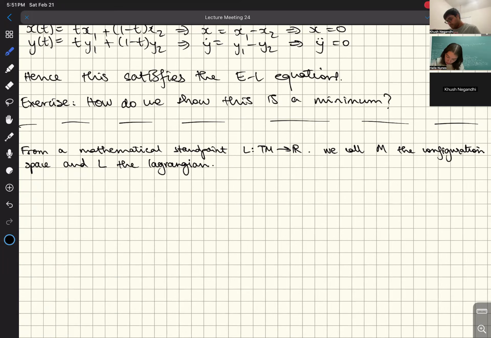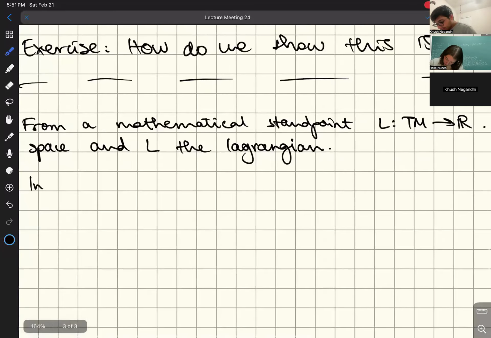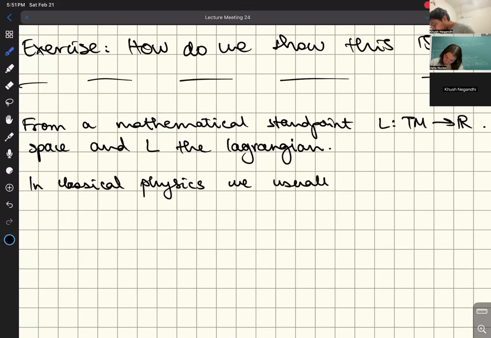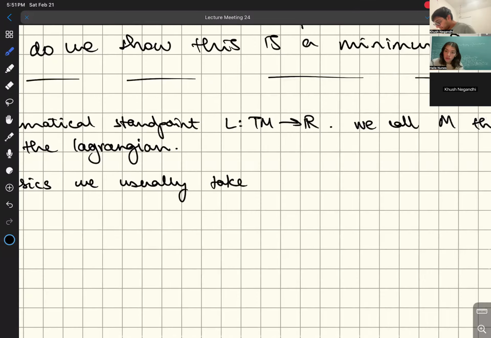So given the exposition in Landau-Lifshitz, we will mainly look at Lagrangians that are a kinetic energy term minus a potential energy term for now. In classical physics, we usually take L to be kinetic energy minus potential energy.